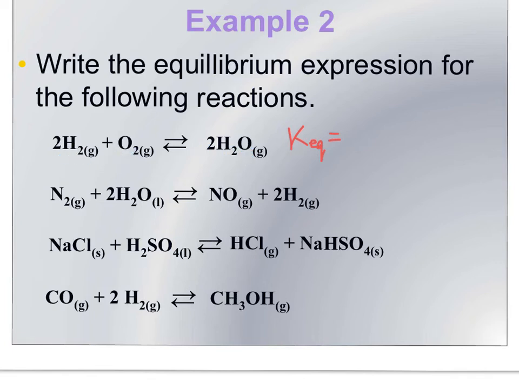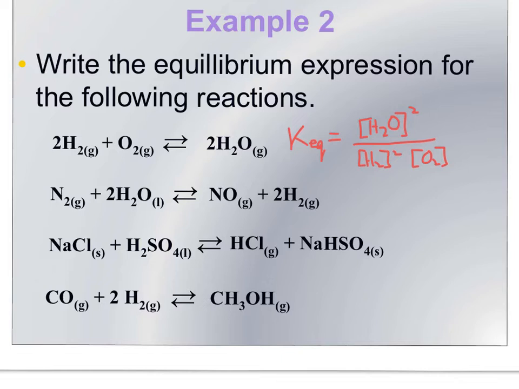So let's start with our products. My product is H2O, and it's raised to the second power divided by the concentration of H2 raised to the second power times the concentration of O2 just raised to the first power. So exactly the same way we did Q.